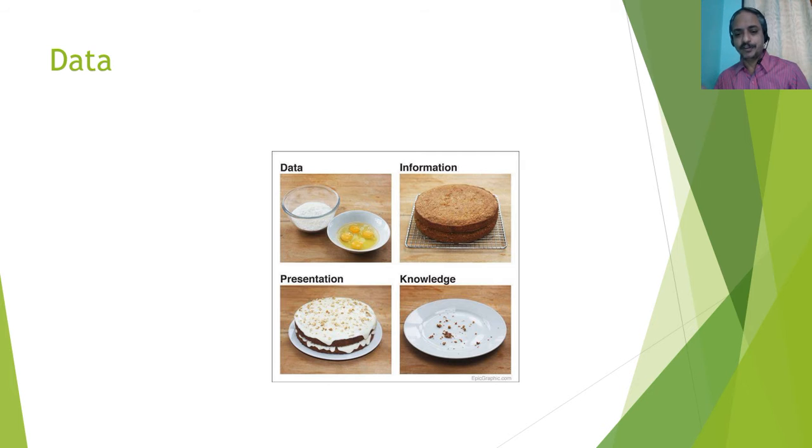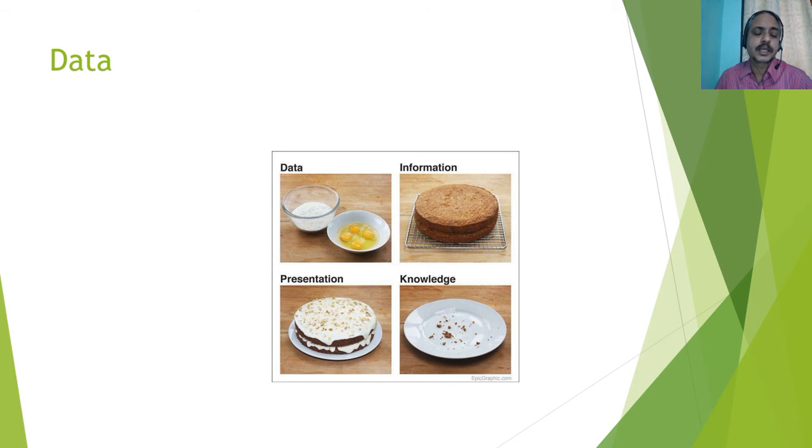So in the knowledge phase, you can see the empty plate. It means one can consume that particular pizza. So they can eat that particular food. It means the purpose of data is to be consumed by the end client. So in data science, it is the data phase, information phase, presentation phase, and knowledge phase.